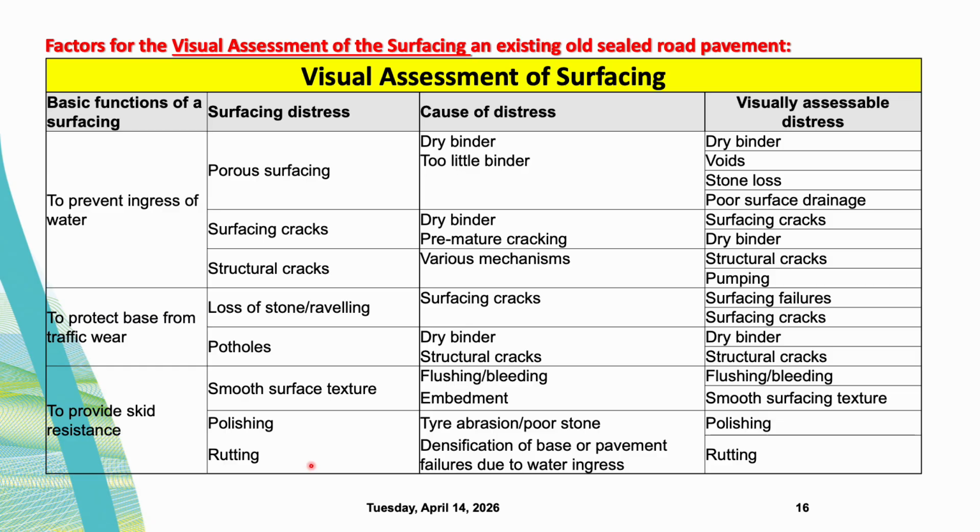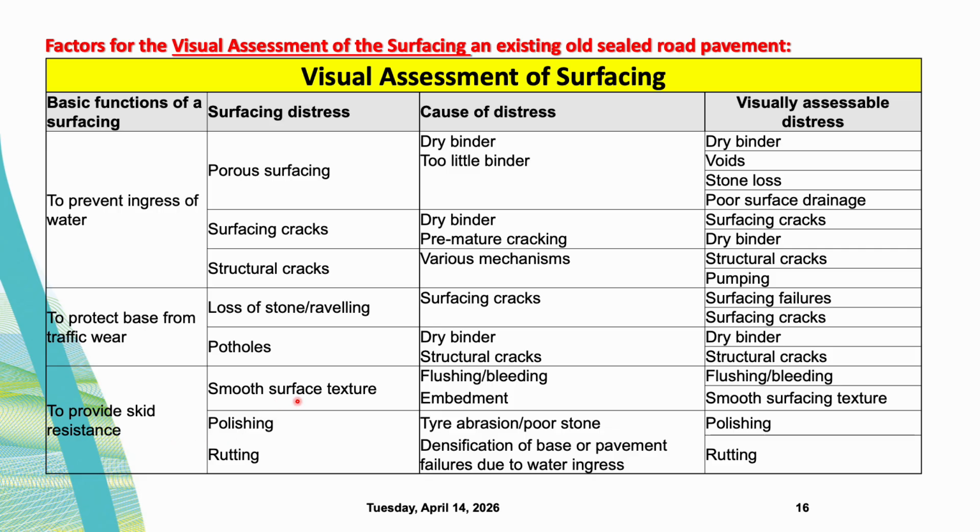Skid resistance, smooth surface texture. If the surface texture is getting too smooth, you will not be able to provide skid resistance. We also call it polishing, and we also can get rutting, which will impede the skid resistance capability of your surfacing.